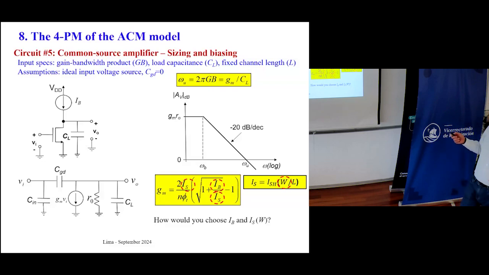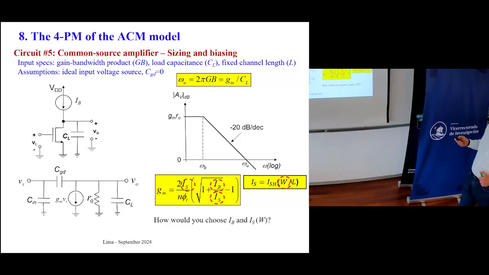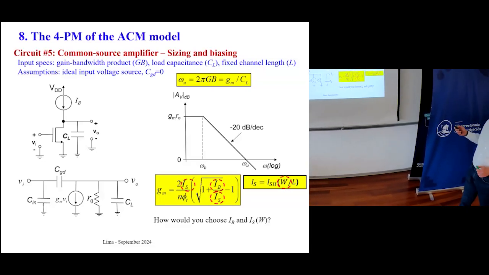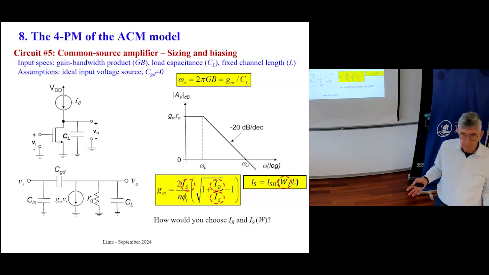If you need a given unity gain frequency for this amplifier and you know the load capacitance, what should the GM be? GM should be omega U times CL. That's it. So GM must be a constant, right?